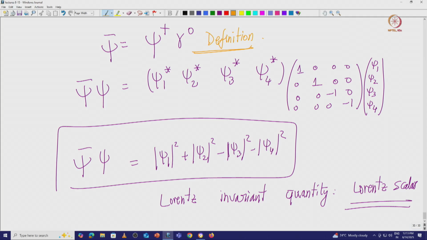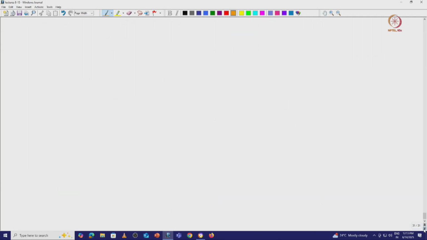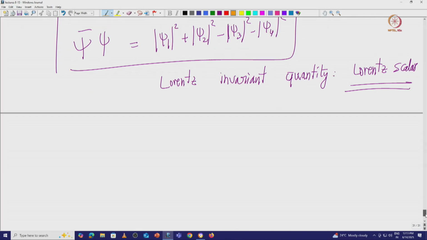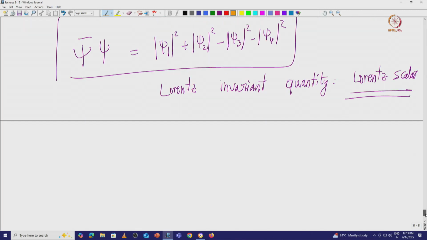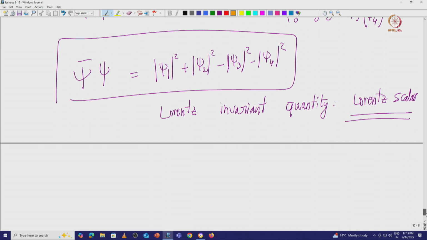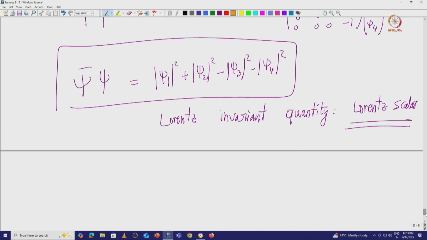Now, just to introduce the current associated, it turns out that you can start with the Dirac equation. Let me write it down in the same fashion.